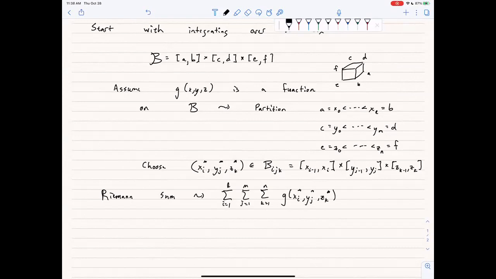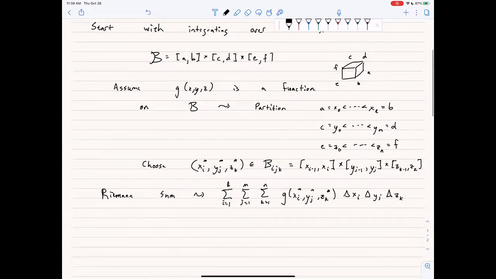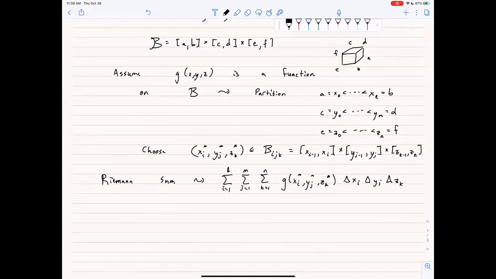And then I multiply by the volume of that tiny box. So this is going to be delta x_i delta y_j delta z_k. That's the volume, length times width times height, however you want to write it. And there's my Riemann sum.